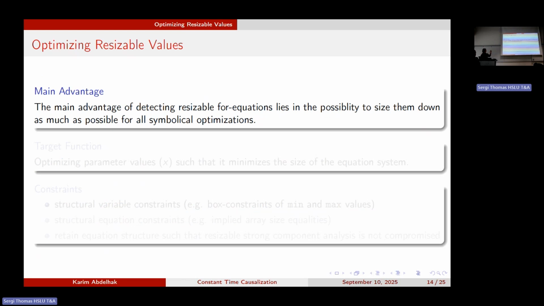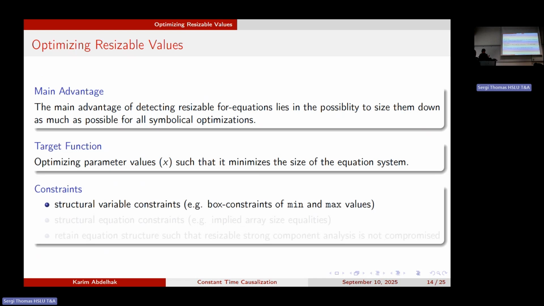So what's the main advantage? As I said, it's beneficial to scale it down so everything is independent of array sizes. We want to have a target function that optimizes these parameter values such that it minimizes the size of the equation system. And we have to define several constraints to our optimization problem. First, some structural variable constraints.